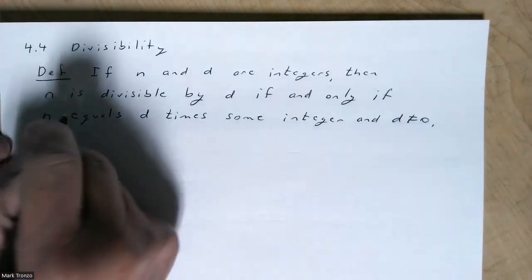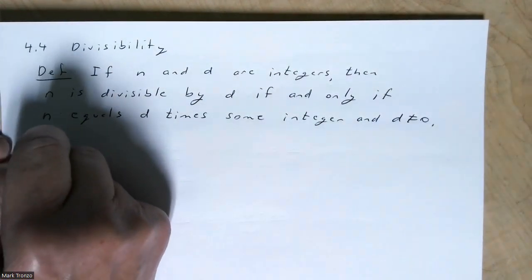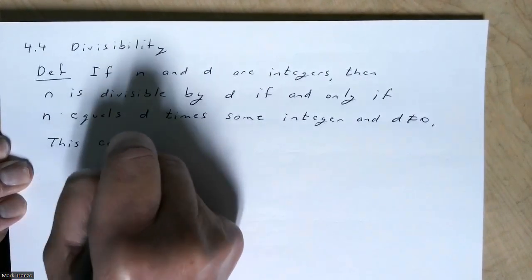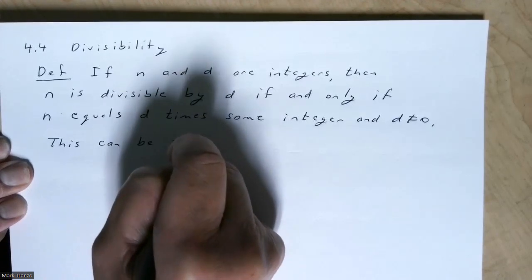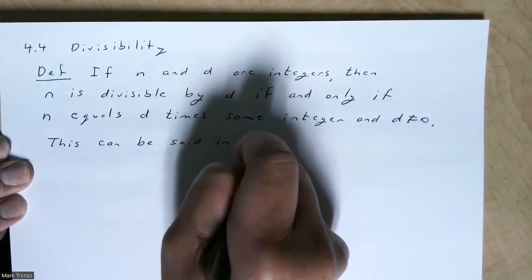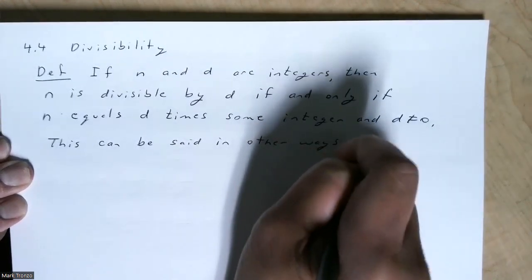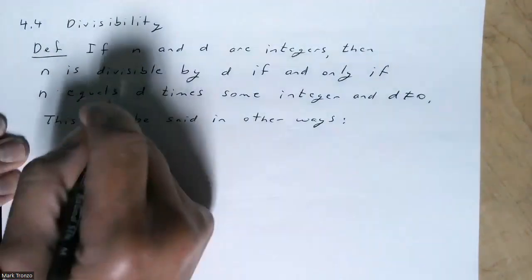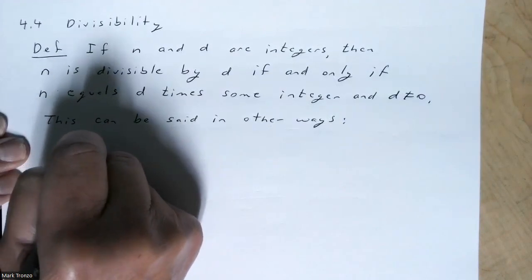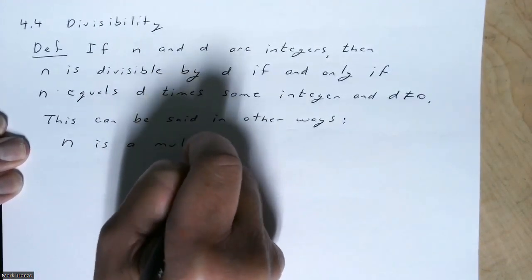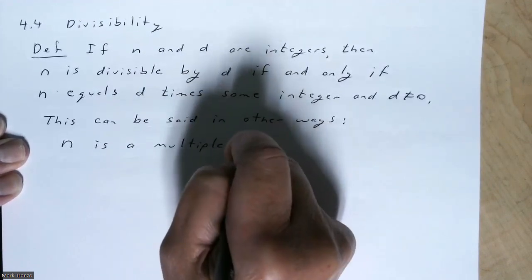Now, there are other ways of saying this. This can be said in other ways. We can say N is a multiple of D. That'd be another way to say it's divisible.